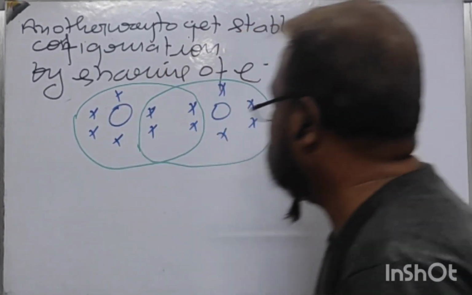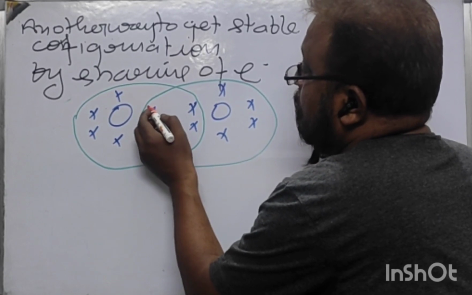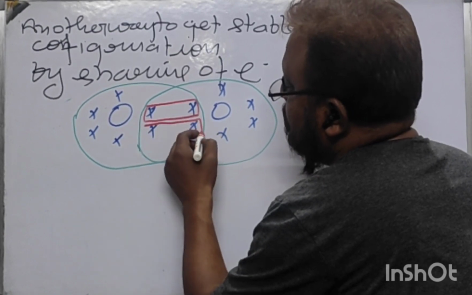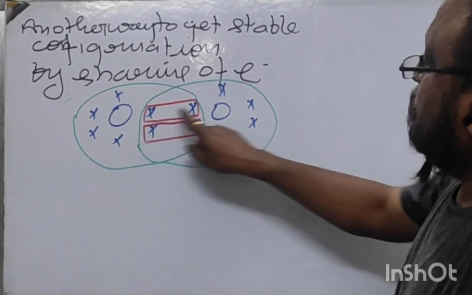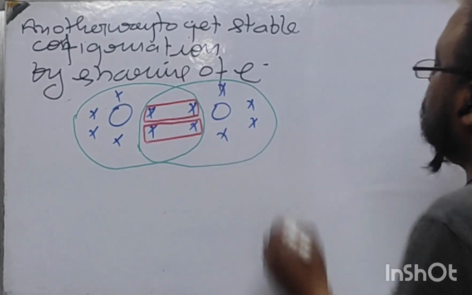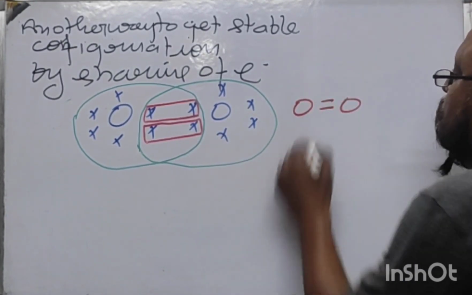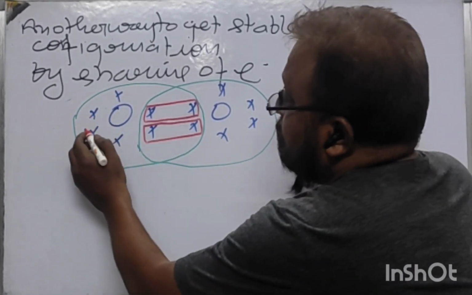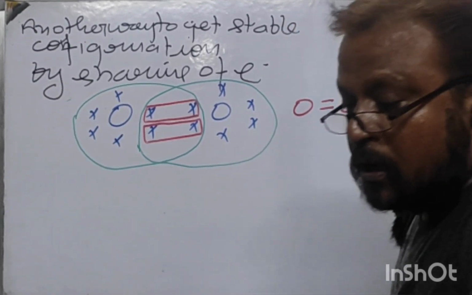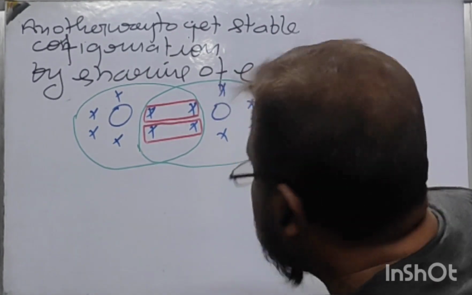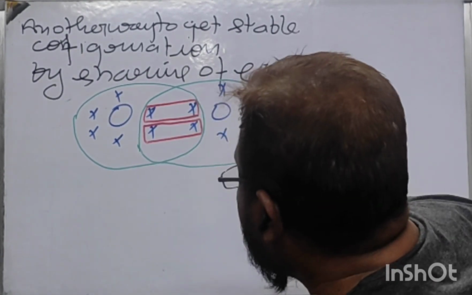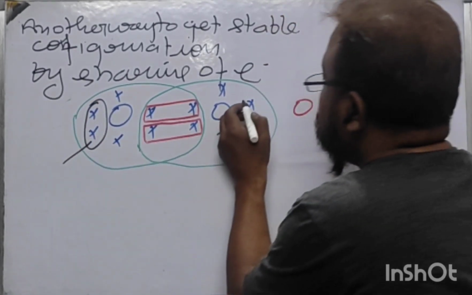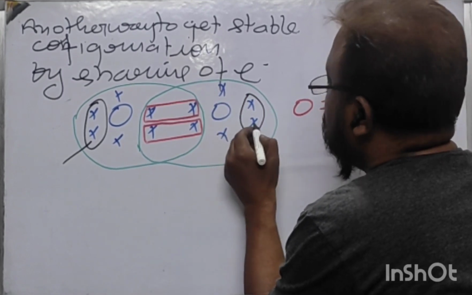This is one chemical bond, this is a double bond. They form two chemical bonds. There is O double bond O, right? And on both atoms, these are what we call lone pairs.